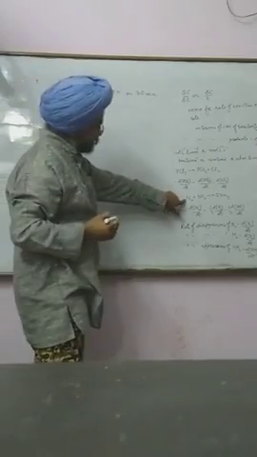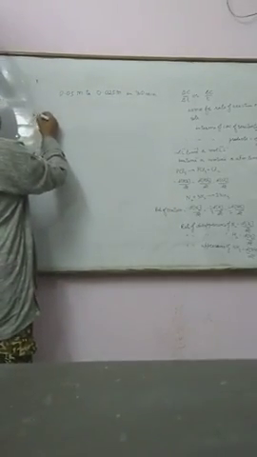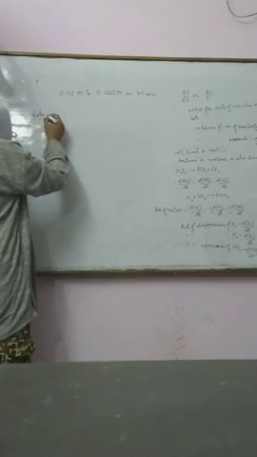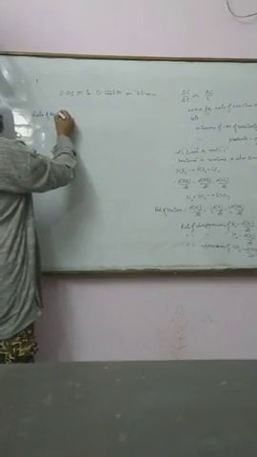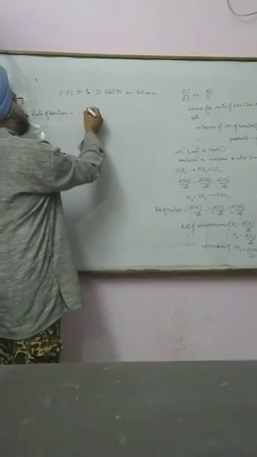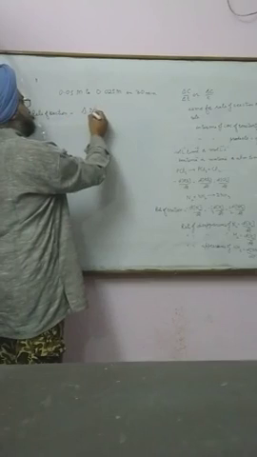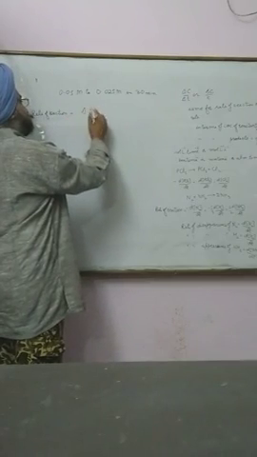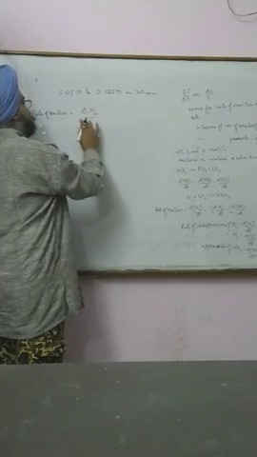The reaction is the same, then the rate of reaction, since the interval is large, I will use delta: minus delta N2 by delta t.